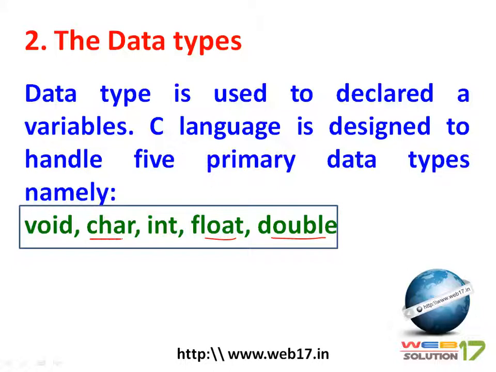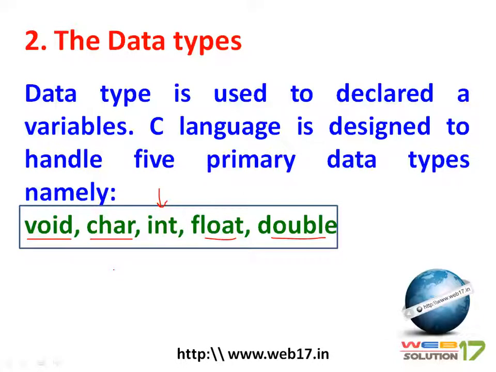If you want to declare a variable as integer type, we'll use int. And if you want a variable which can store real values, we'll use float and double type. Generally void type is used when we are working with user defined functions.